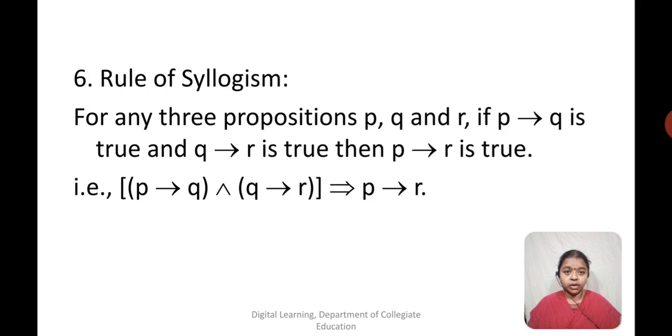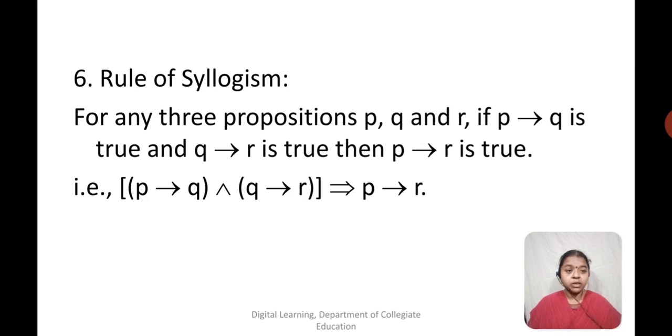The sixth one is the rule of syllogism. Here we consider three propositions P, Q and R. For any three propositions P, Q and R, if P implies Q is true and Q implies R is true, then P implies R is true.